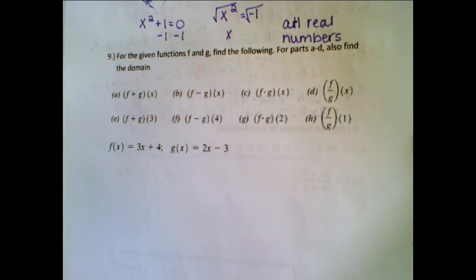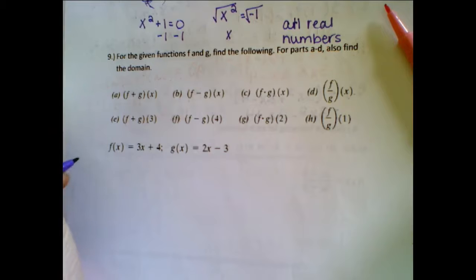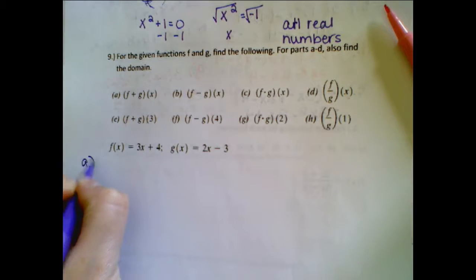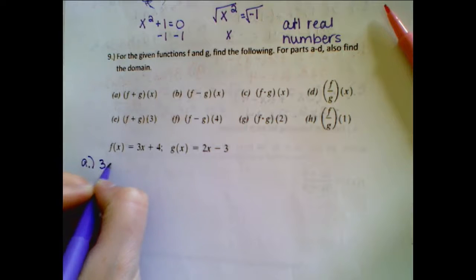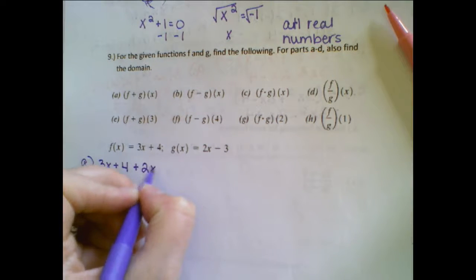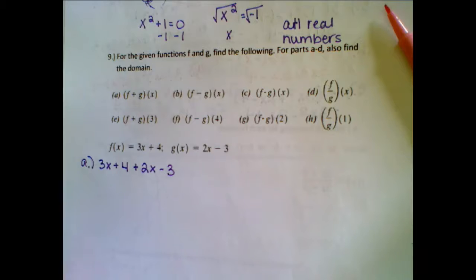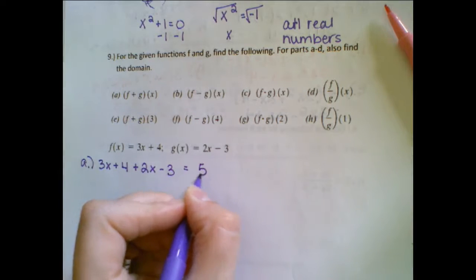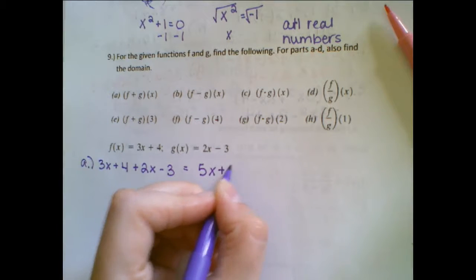Okay, I'm going to do as many as I can here. A is f plus g of x. So we need to add our f of x and our g of x. So f of x, A, is going to be 3x plus 4 plus 2x minus 3. Combine our like terms, I end up with 5x plus 1.